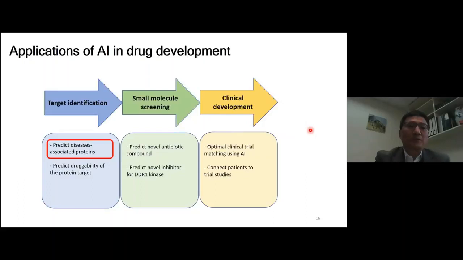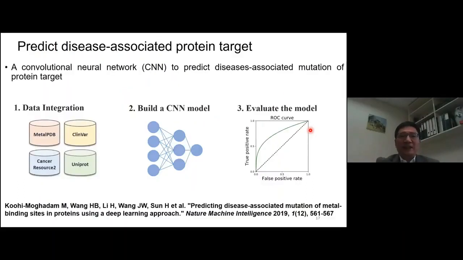Before we go a little further, I use this recent work as an example to predict disease-associated protein targets. We use a convolutional neural network to predict disease-associated mutations of protein targets. We all know proteins evolve and mutate over millions of years, and certain amino acids can be changed to different amino acids.